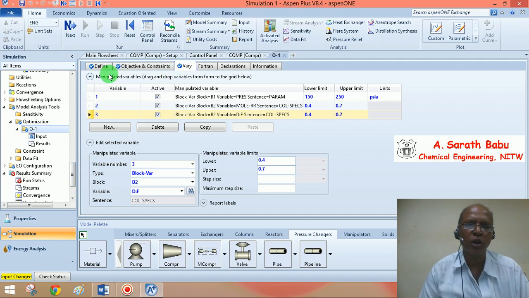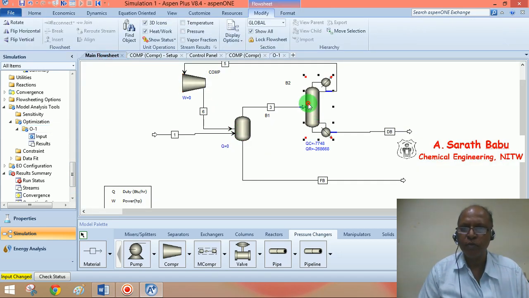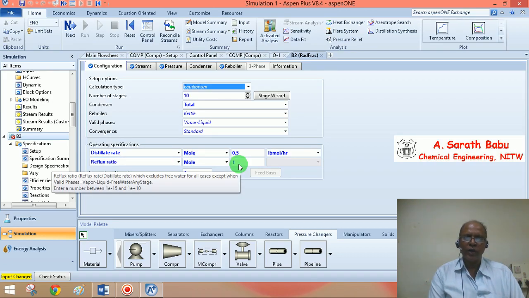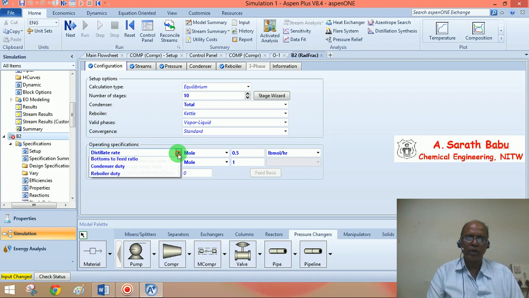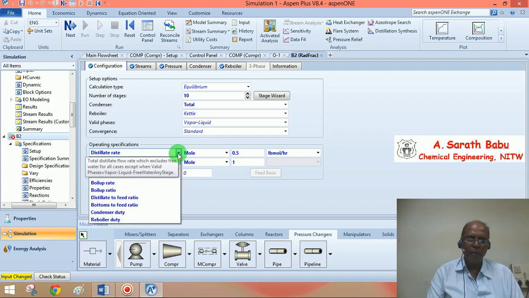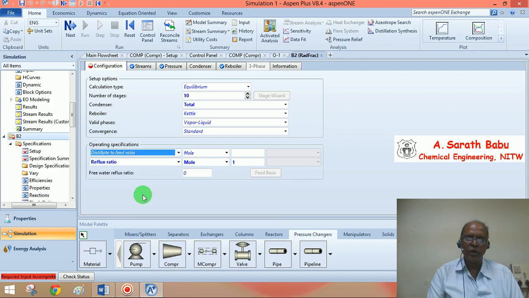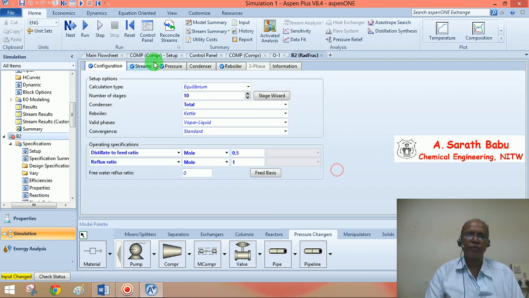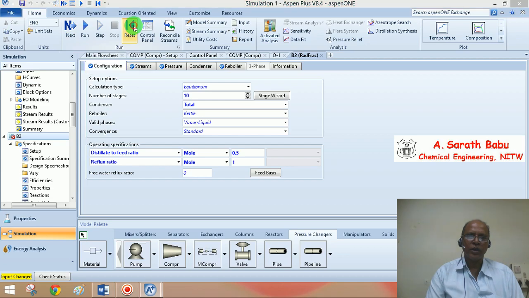Let me check up that block. Yeah, reflux ratio is given, distillate rate. Okay, let us take distillate to feed ratio as 0.5. Sorry. Reset.